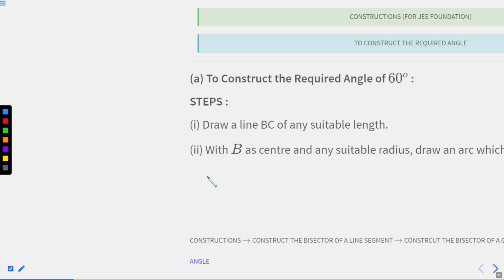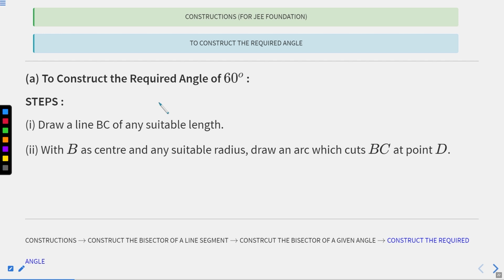Now let's jump to our examples, how we are going to draw a 60-degree angle by just using a compass and a ruler. Just draw any line segment BC of any suitable length.